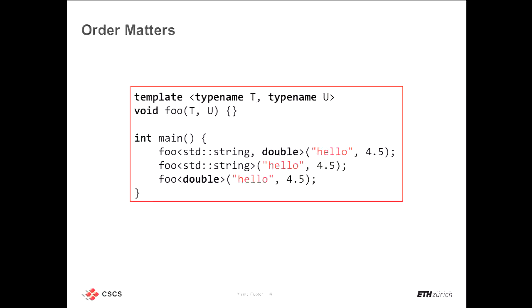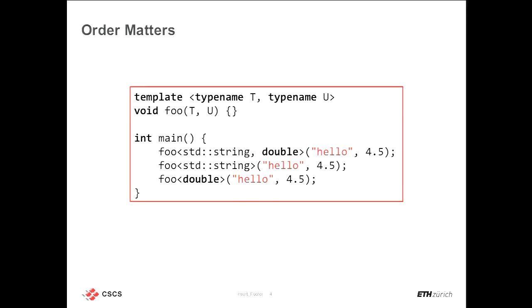So now we have some foo, and we pass a standard string, and we pass a double, so we pass hello and we pass 4.5. What happens here is that this hello, what type is that? It's an array of const characters.